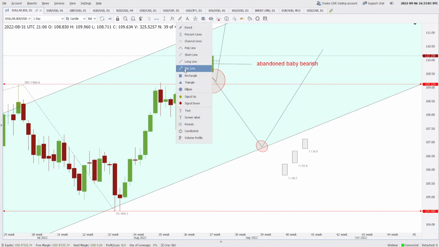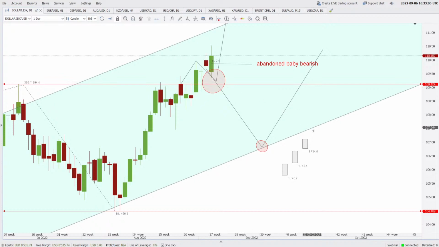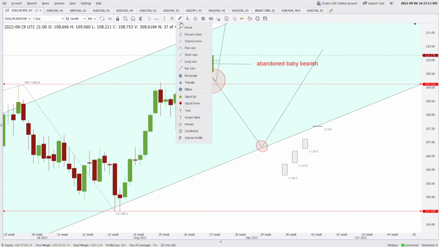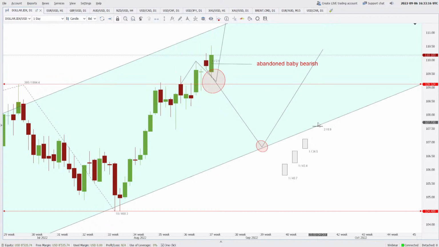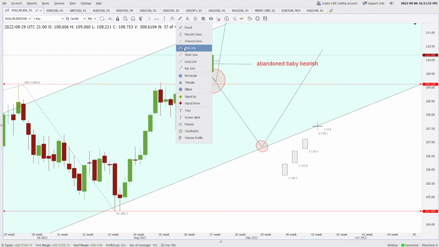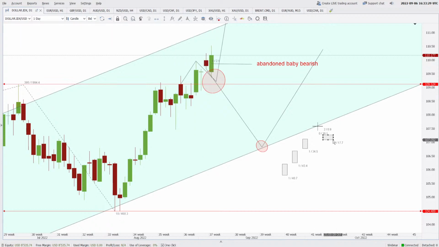Then suddenly there is a candle that opens with a gap higher, doesn't go anywhere, and then closes almost at the day's opening. This is how it looks. And the next candle to this opens lower, and is red in color.